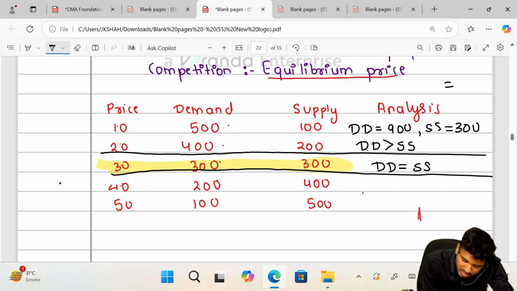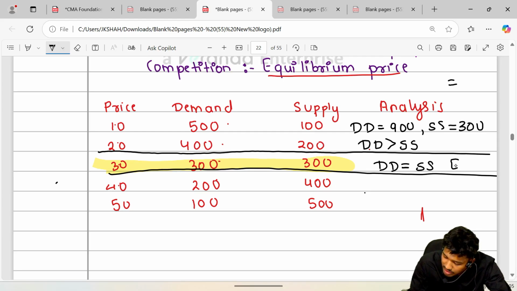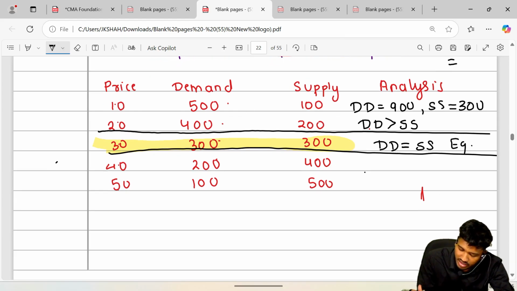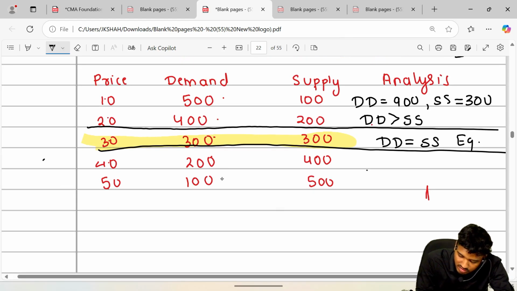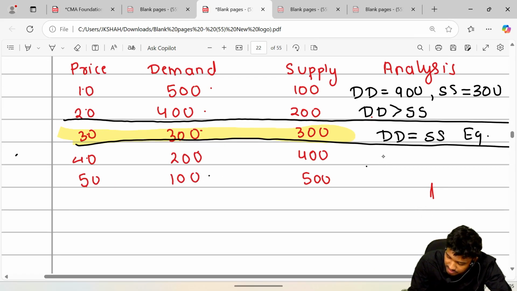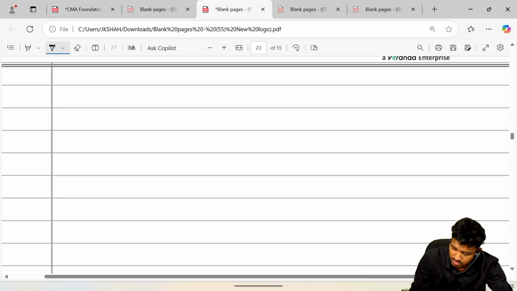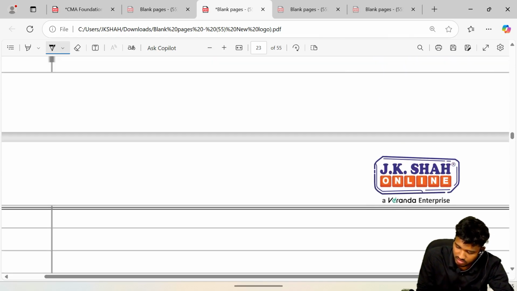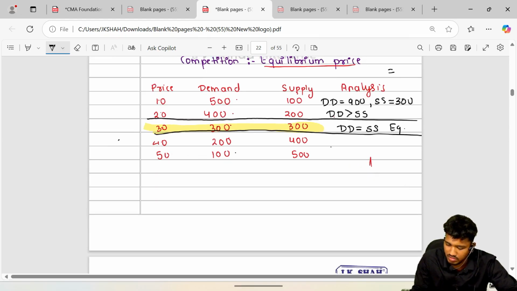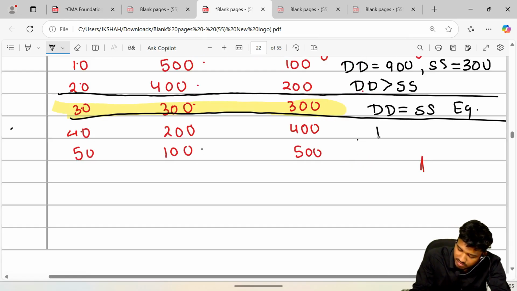It is the only one we are finding, and it is called the equilibrium. Next, if we calculate over here, demand is 300 and supply is 900. So here our demand is less than supply.